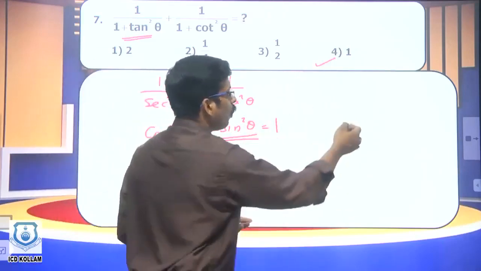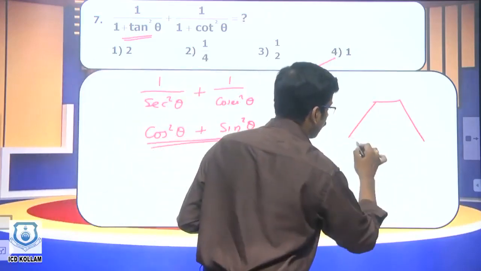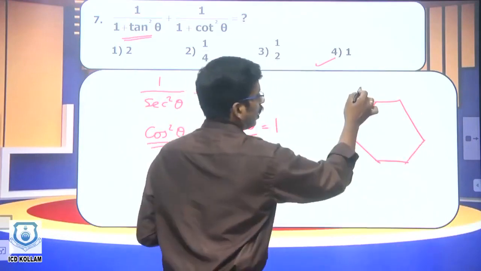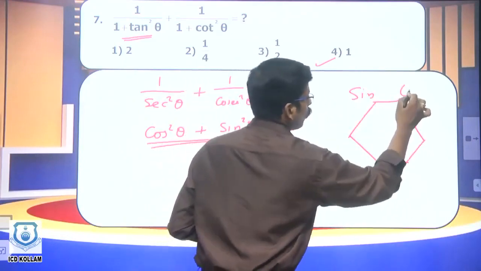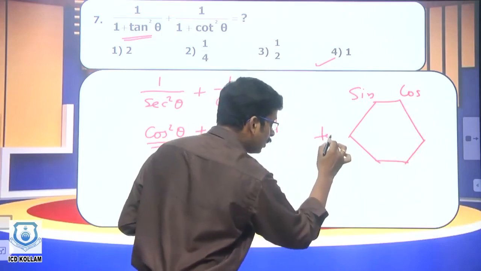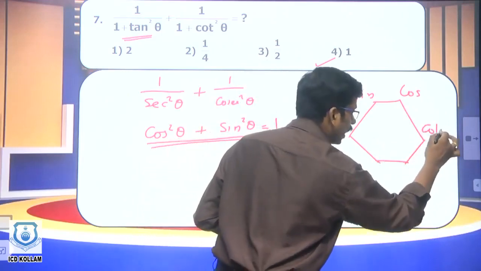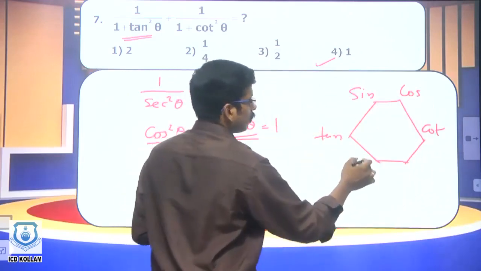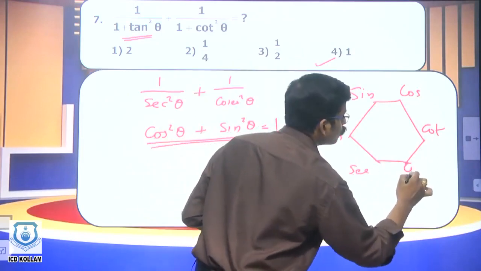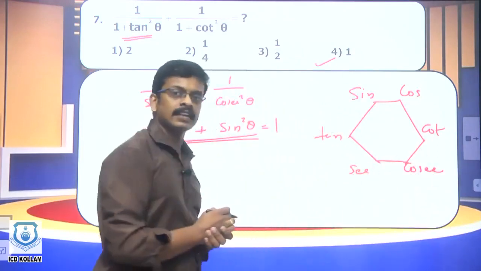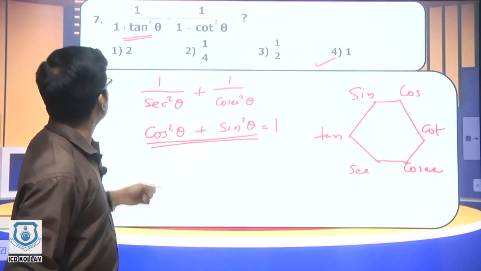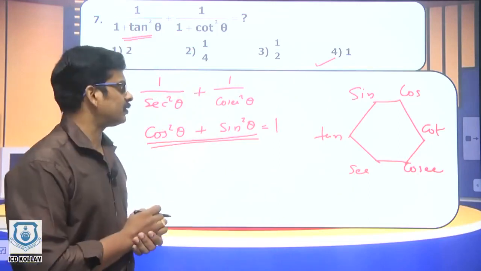We can also go with the help of our super hexagon. Sine, cos, tan, cotan or cot, sec, cosec. This is actually the super hexagon. In this case, 1 plus tan square theta.